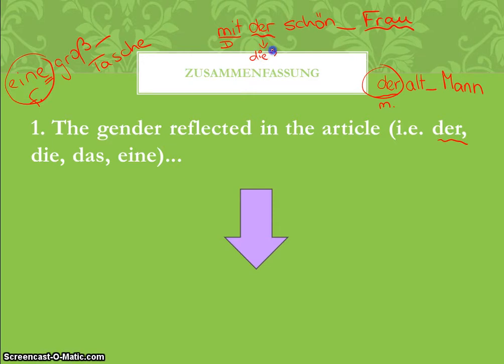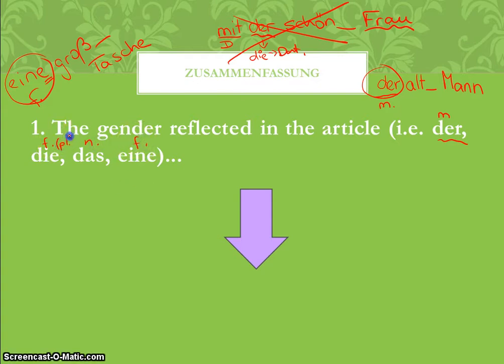So, no, this one would not be. It has to reflect the gender of the noun. So it has to be a der, die, and das. Der, masculine, die, feminine, das, neutral, and this one here is also feminine, okay?